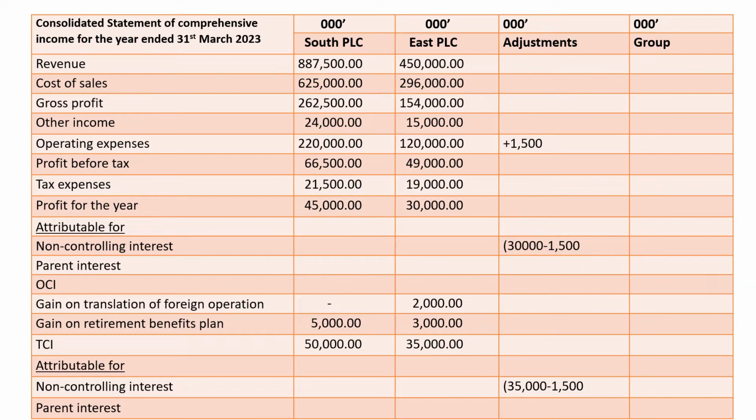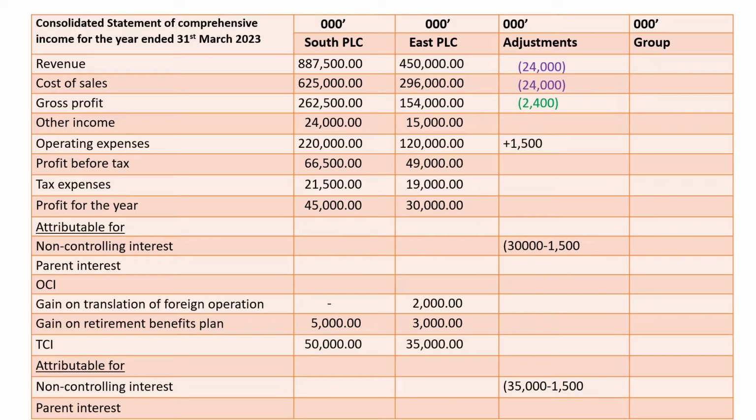First, in the consolidated statement of comprehensive income, we are going to remove this intercompany sales. So we are going to remove 24,000 from the revenue as well as the cost of sales. Then the unrealized profit we have to remove from the gross profit, and we have to add it back to the cost of sales. Why? You know that due to this unrealized profit, our closing inventory value has been increased. Therefore, cost of sales has been reduced.